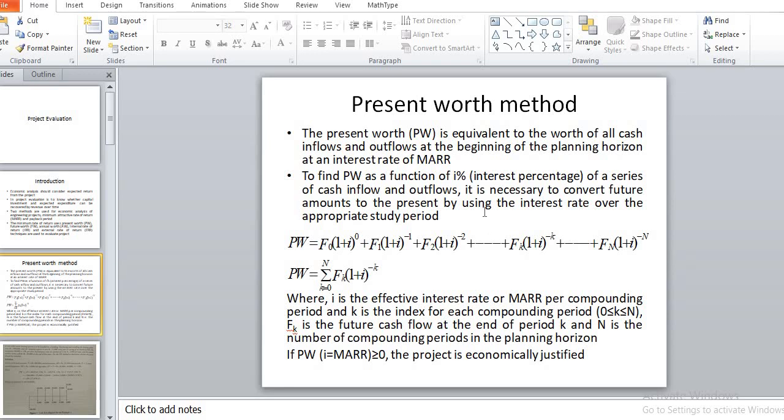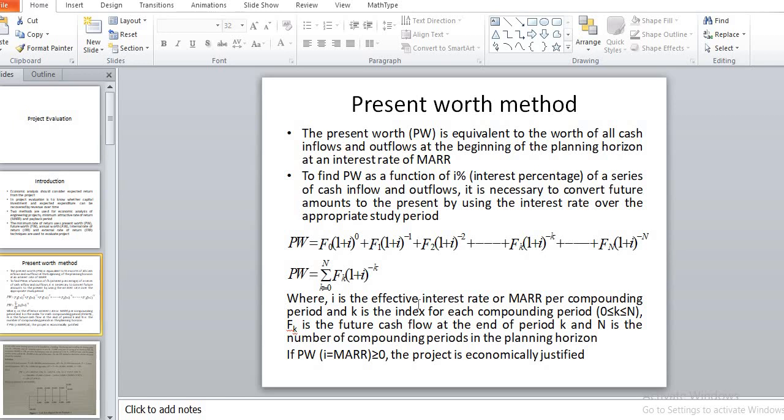We calculate the present worth at the beginning of the planning horizon, which is the equivalent worth at the beginning of the planning period. We can write it in this way.